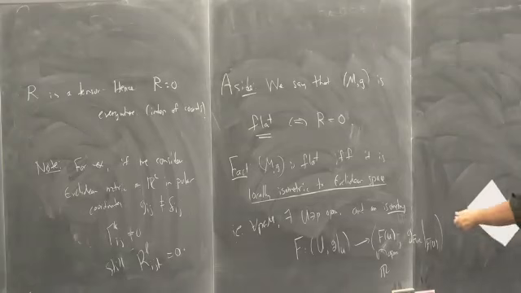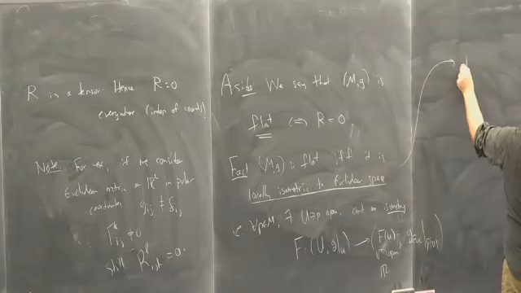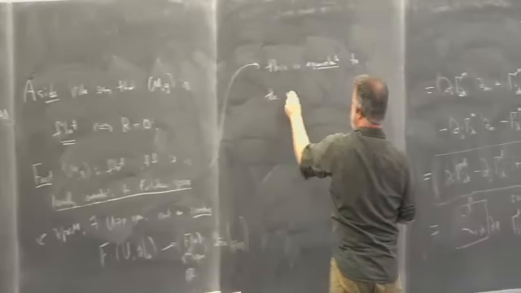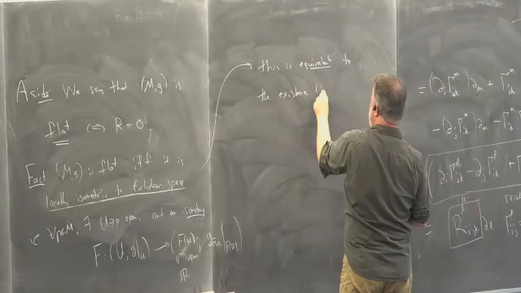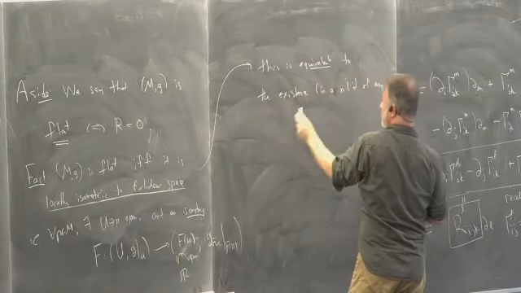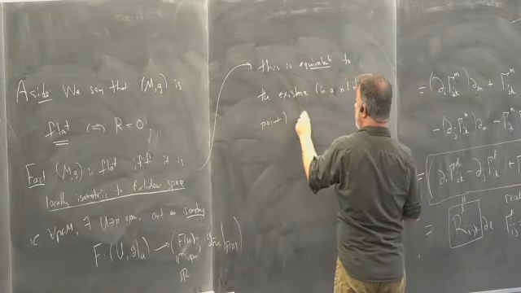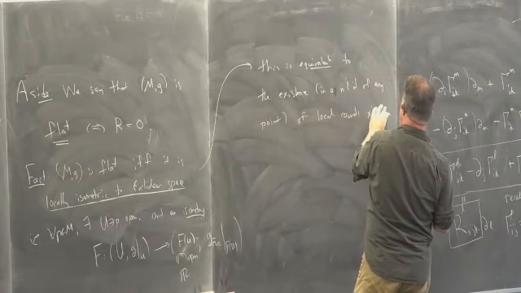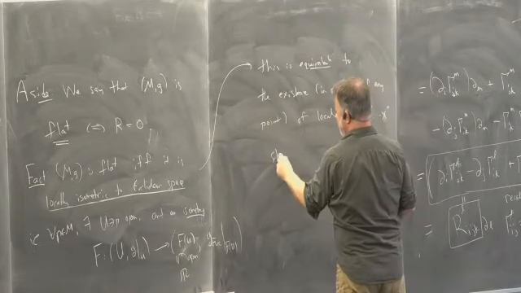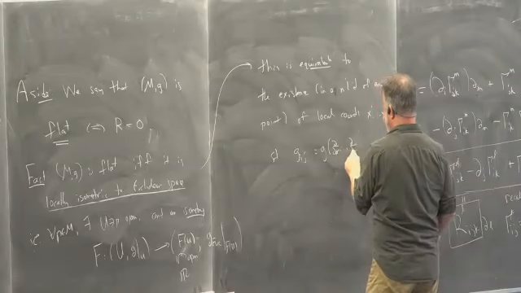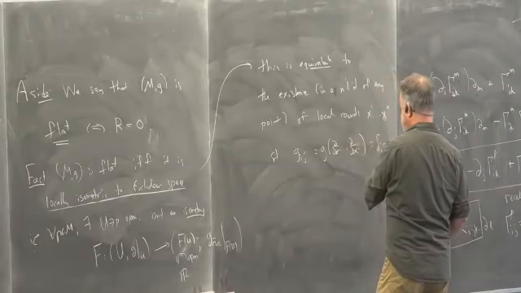Okay. And this is equivalent to the existence, in a neighborhood of any point, of local coordinates x1 up to xn, such that Gij, which is g of d by dxi, d by dxj, is delta ij.